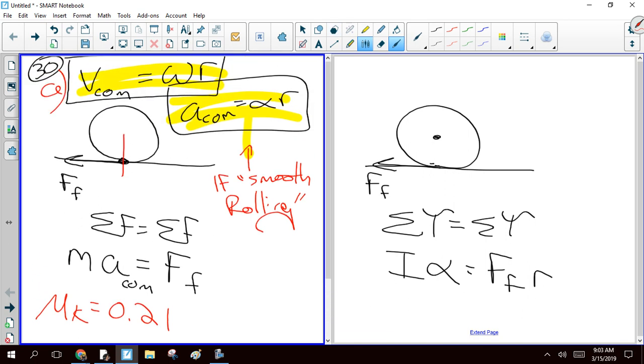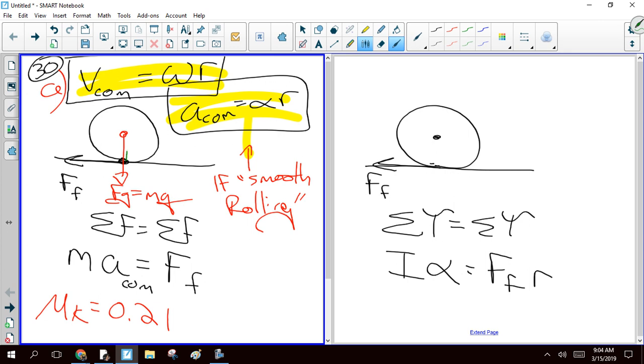So let's see. So my gravity is going to be mg. Notice where I drew my force of gravity from, right? What's my normal force going to be? mg, right? Enough to cancel it. Remember, now we got to be specific, not just about how much force and what direction it points in, but at what point on the object does it act?